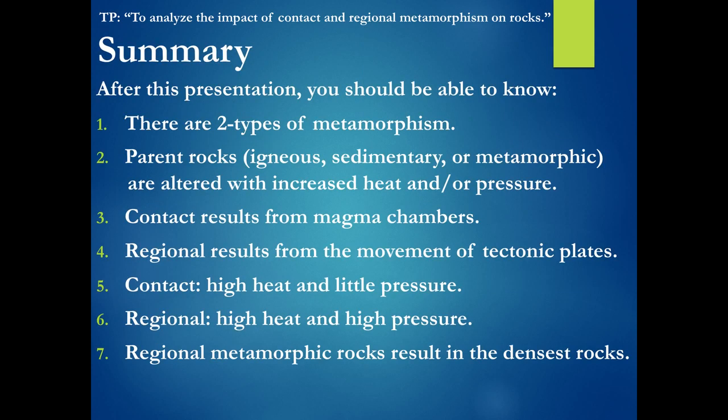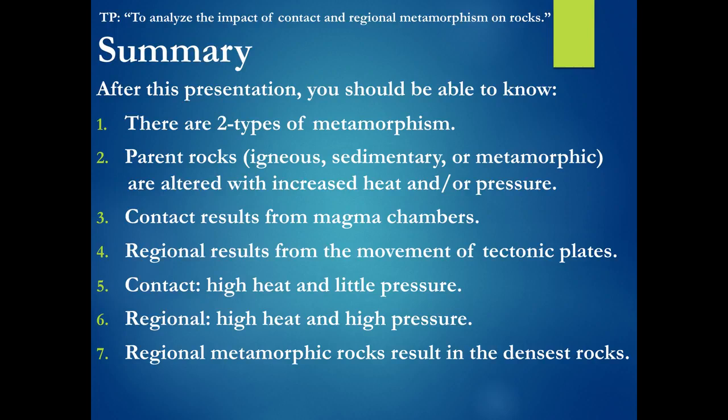Alright, so to summarize this presentation, you should be able to know, okay, there are 2 types of metamorphism, which is contact and regional. The parent rocks, igneous, sedimentary, or metamorphic, are altered with increased heat and or pressure. Contact results from magma chambers.